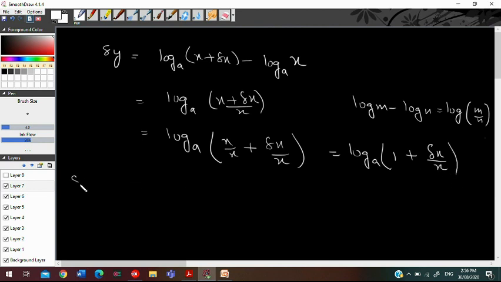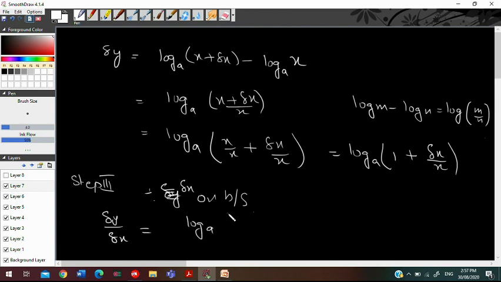Now in the next step, we divide delta x on both sides. So delta y divided by delta x is equal to log base a of 1 plus delta x by x, whole divided by delta x.